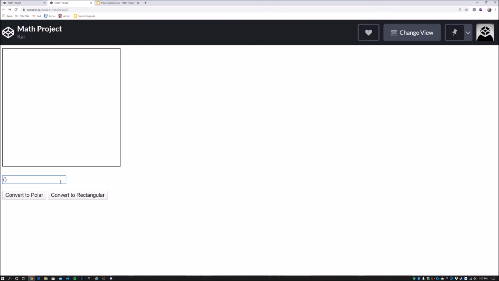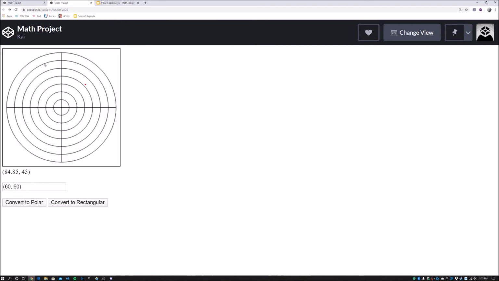So let's say you want to convert 60, 60 into polar form. You click convert to polar, and it'll give a graph of the polar coordinate system, and it will display the point on the graph, and it also shows what the point is in polar form.